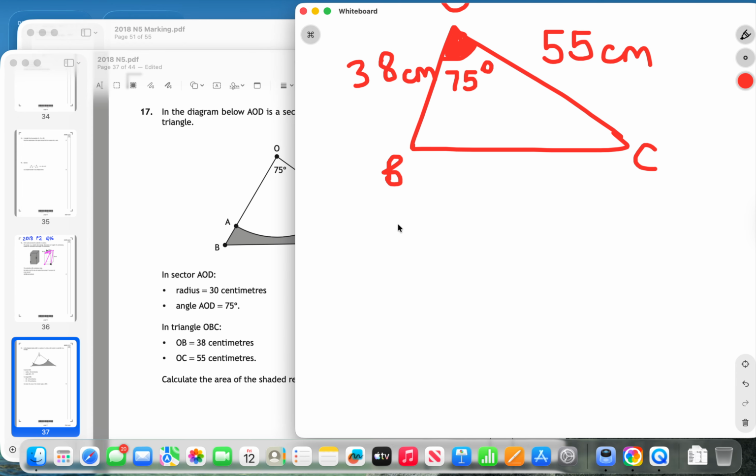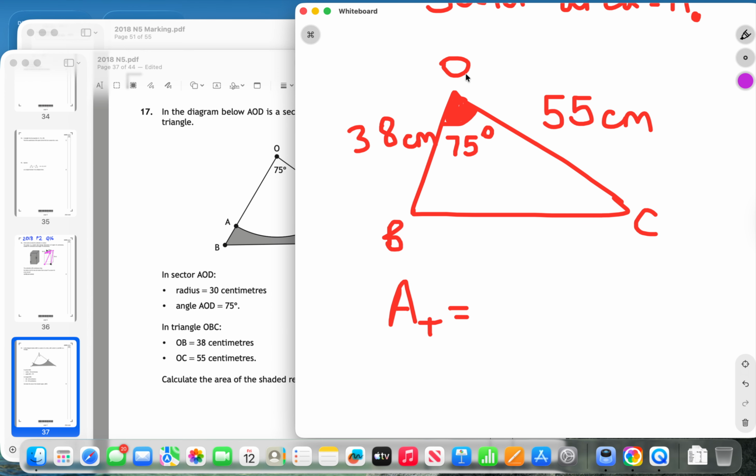So we have the area of the triangle is, and we will use purple to label the sides. So the angles are the capital letters and the sides are the small letters, and it's the opposite. So it's b and c.